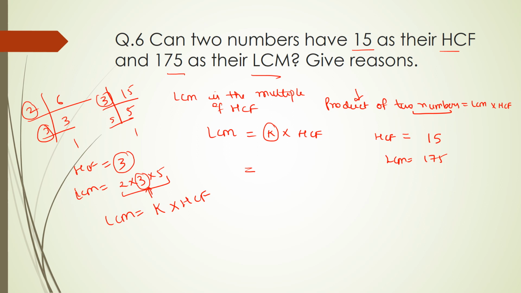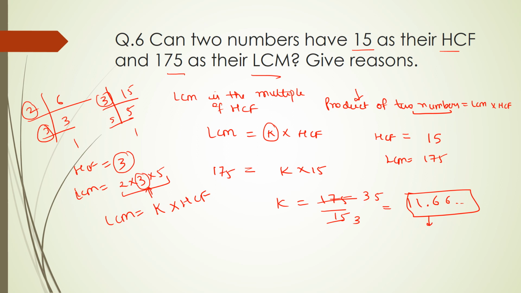Okay? So what is LCM given to us? 175. What is HCF? 15. So K will be 175 by 15. 5 3s are 15, 5 5s are 25, 3 1s are 3, and then 3 6s are 18, and so on. So you can see that K is not a whole number.